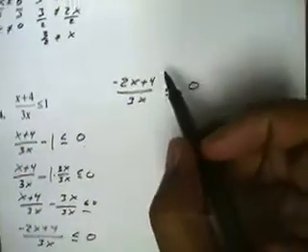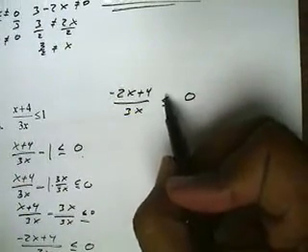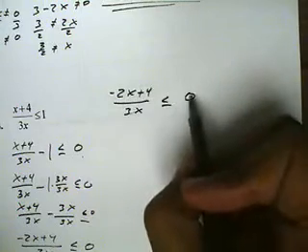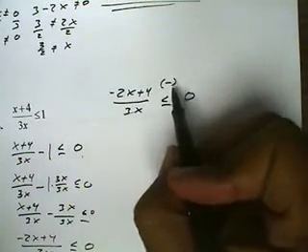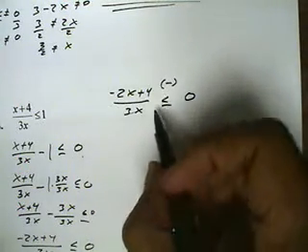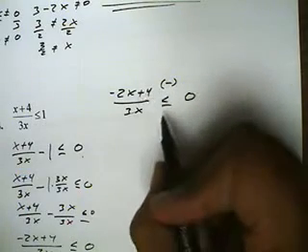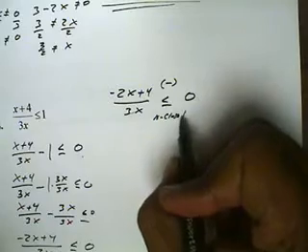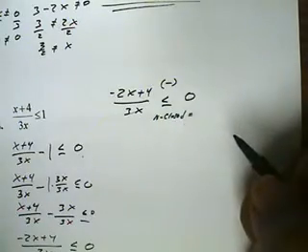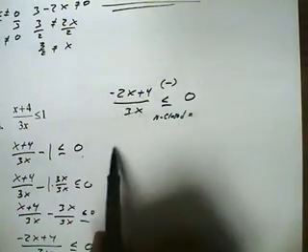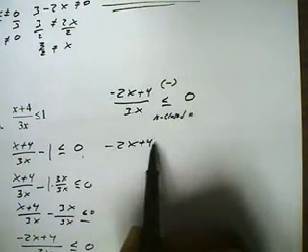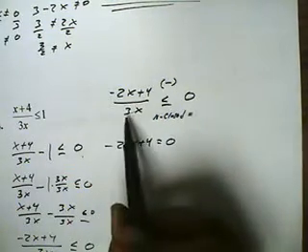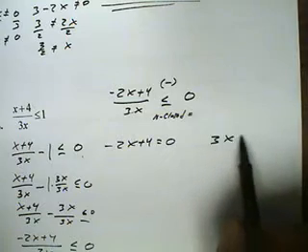Alright, this suggests that this portion will be less than 0, so we're looking for negatives. The equal sign is here, so my numerator points will all be closed because they'll be equal. So let's take the numerator, negative 2x plus 4, set that equal to 0. And then let's take the denominator, set that equal to 0.